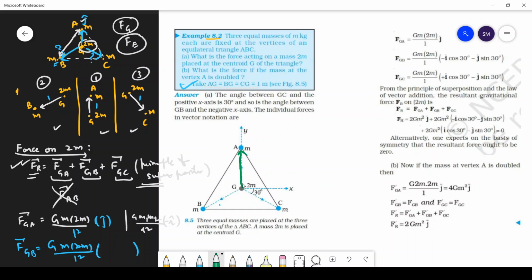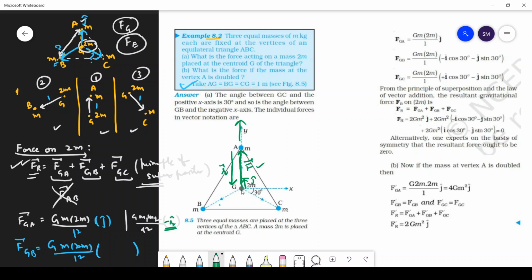In the last question we took this direction as vector r, the formula that we derived. This is vector r. So vector r and this force were in opposite directions, so in the formula there was minus r cap. But here in this figure you can see this is the direction of your force and this is your y-axis. So this is the unit vector j cap in the direction of the force.